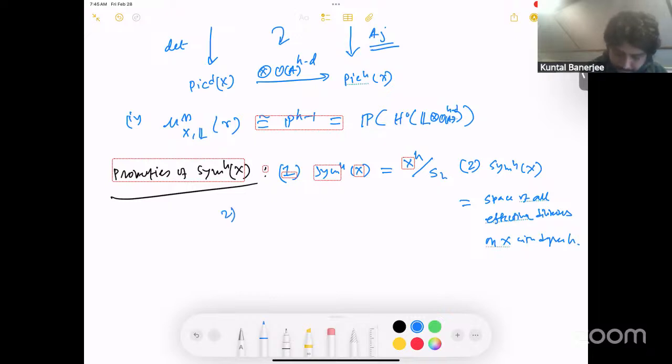And that projective bundle explanation works very nicely.